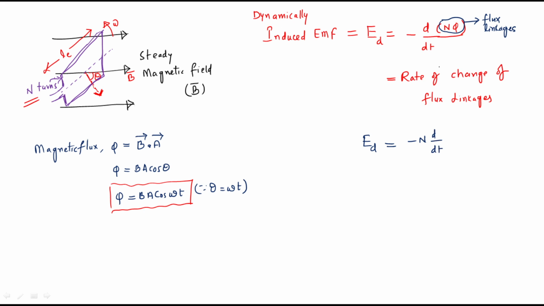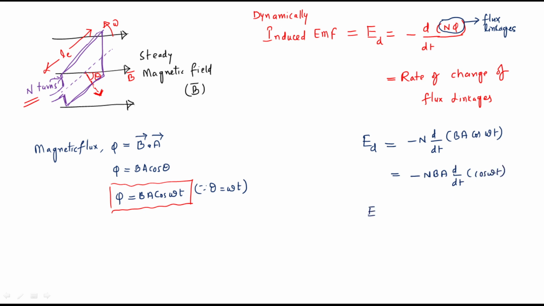N is constant, right? After manufacturing, the number of turns is constant. Phi is nothing but BA cos omega t. B is constant since we have a steady magnetic field, and the area is constant. So minus NBA d by dt of cos omega t.